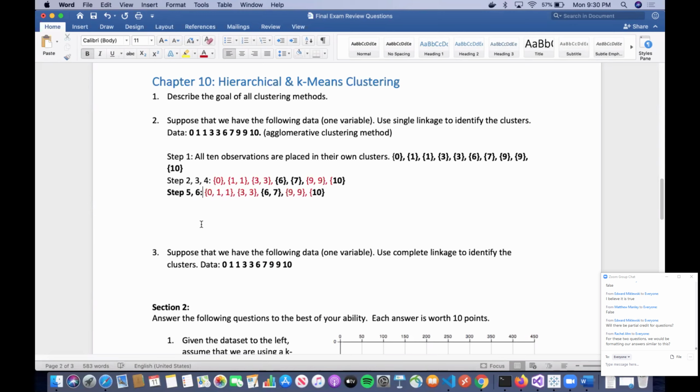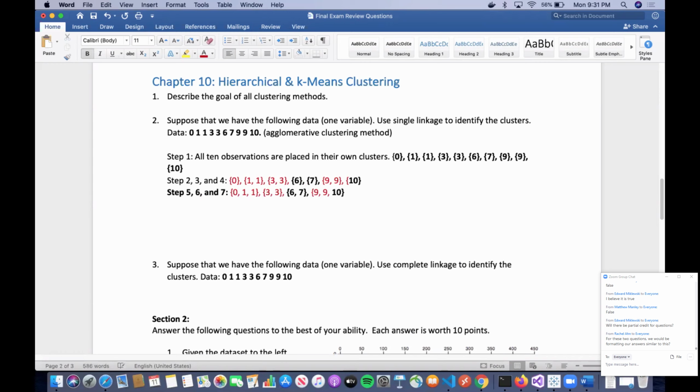So that means we can say step 7, because we have the distance between 9 and 10 is 1. So that means step 5, 6, and 7 will yield this.